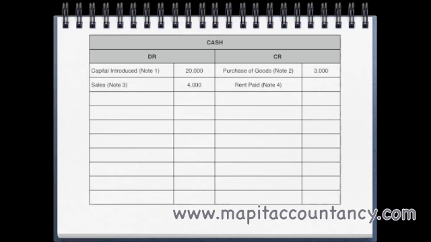We also now need that rent paid to be posted in from note 4. So the rent paid was 700 and it is credited to cash. So that is us posting that amount into our ledger account. So again, remember what we're doing here is creating a ledger account for each item in our financial statements, and then we're posting in the transactions as they happen. So let's move on to the next item in our session.